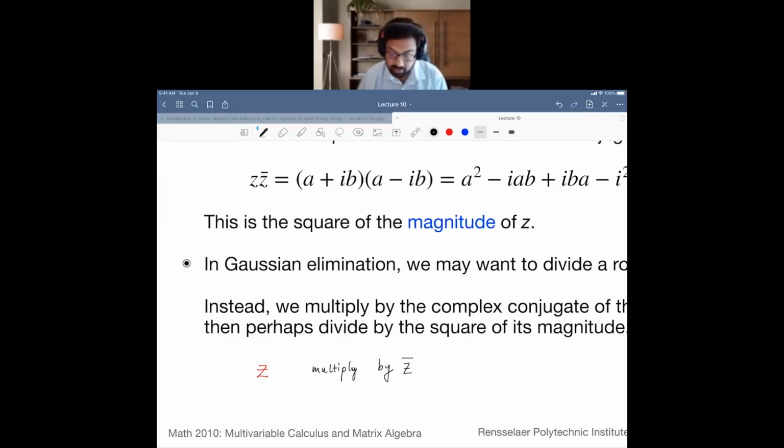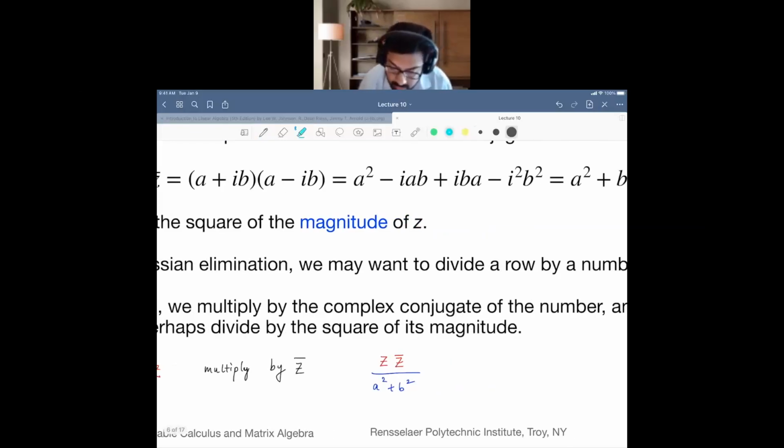So when you multiply by z conjugate, what do you get? The z entry will become z times z conjugate, which means you get a squared plus b squared. And now when you divide it by a squared plus b squared, the square of the magnitude, what do you get? You get a 1, right?